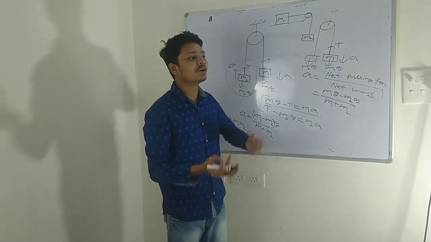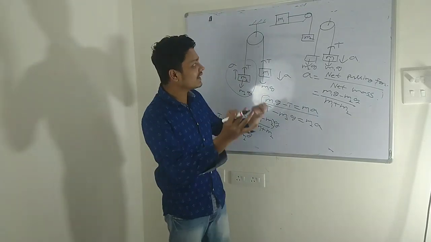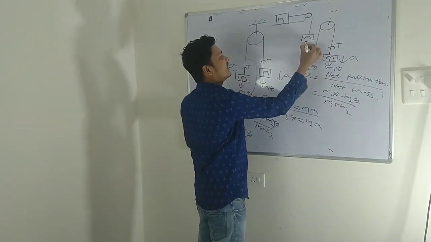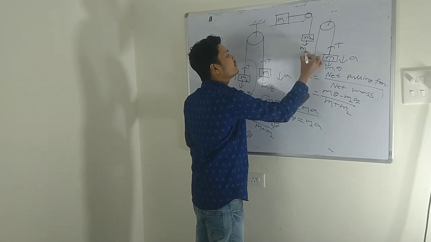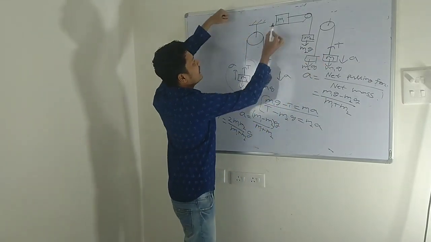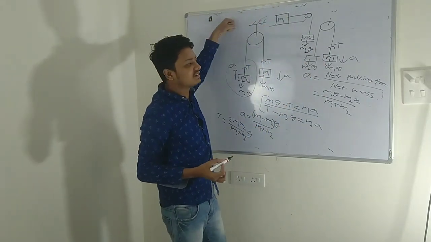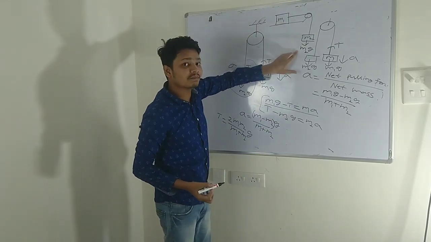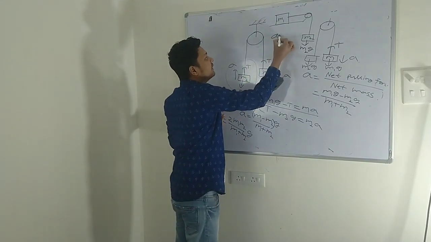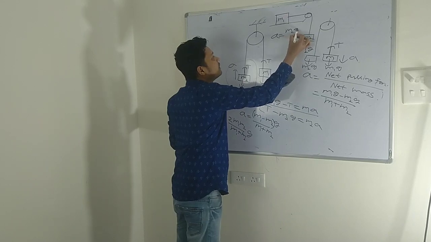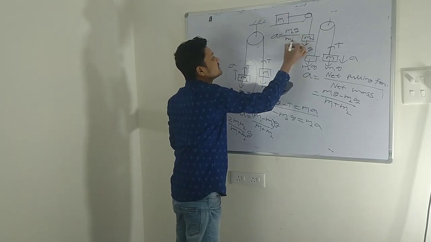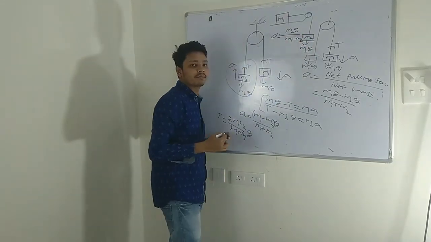What is the net pulling force? You don't have to solve, only after looking at this you can get it. Pulling force is M2G. No one is pulling this side. So the pulling force is M2G and the total mass is M1 plus M2. So this is the answer.